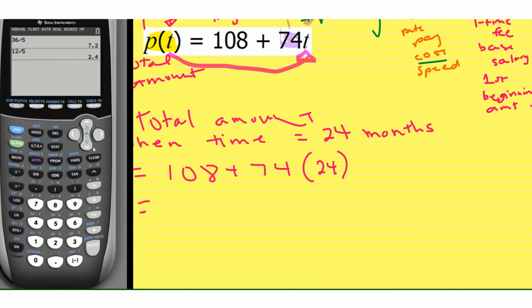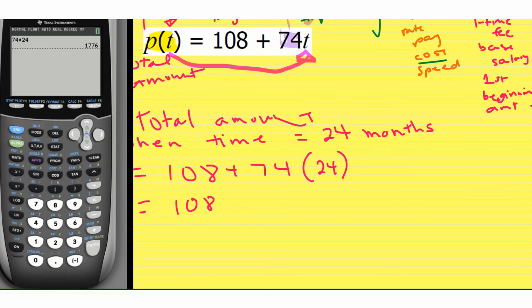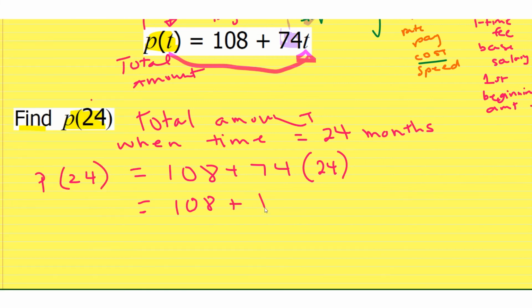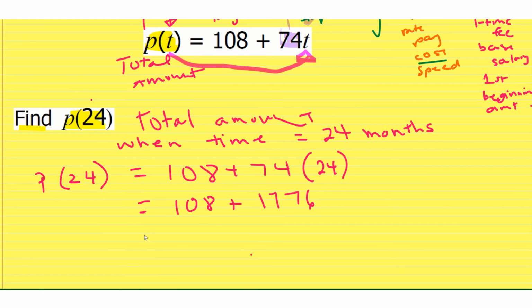Don't expect you to do all this in your head. That's not what we're assessing for in algebra. So I'm going to do 74 times the 24. Okay, so that means he's going to pay an initial fee of 108, and then he's going to pay $1,776. Is that what that said there? Yes. Okay, so then that total, we add those two numbers together.